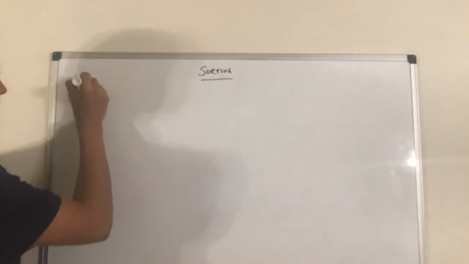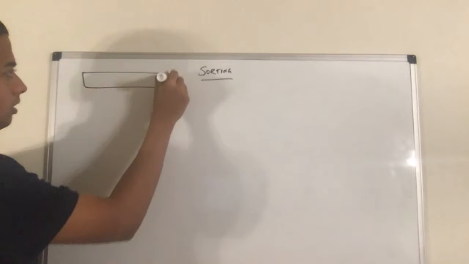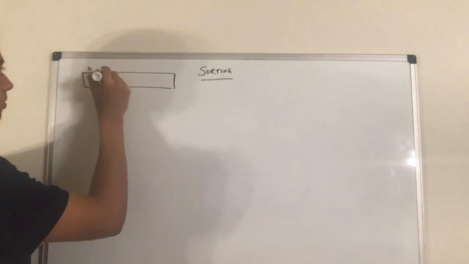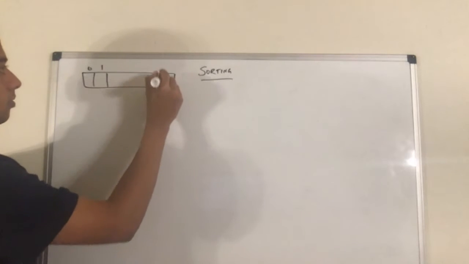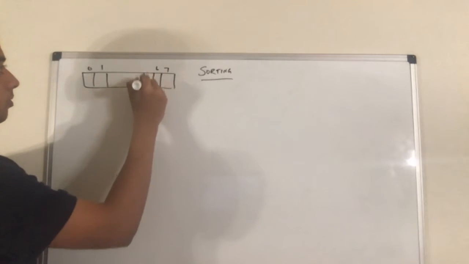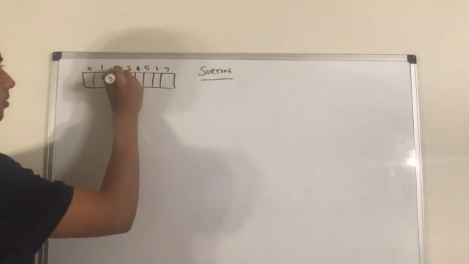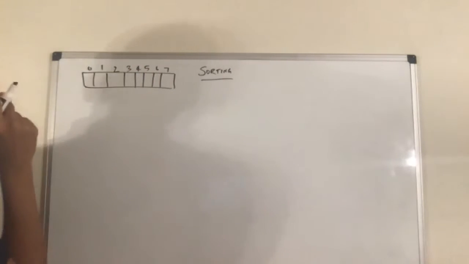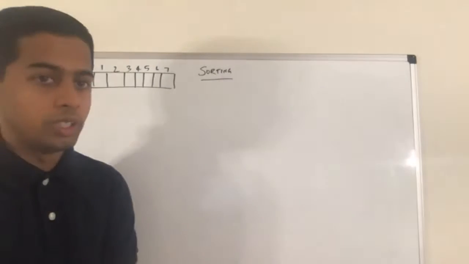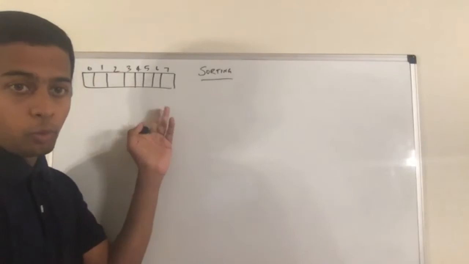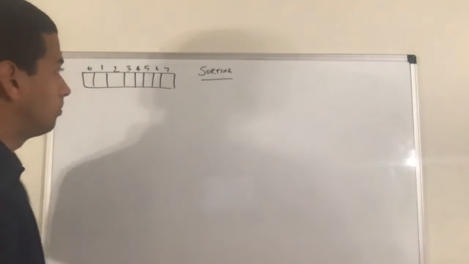Merge sort means you will have, let's say I have a list of elements. Okay, I have 8 elements. What I'm going to do here is I'm going to partition them first. I'm going to partition them into half of arrays.